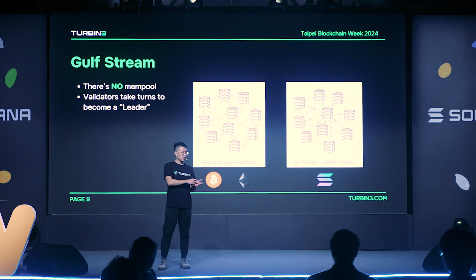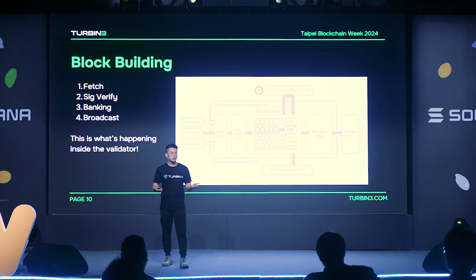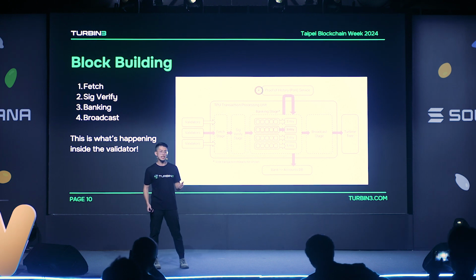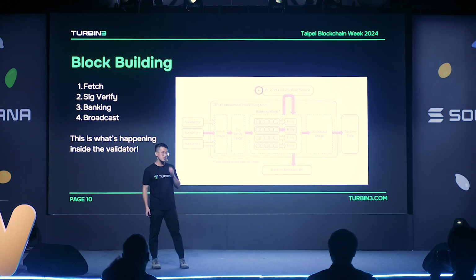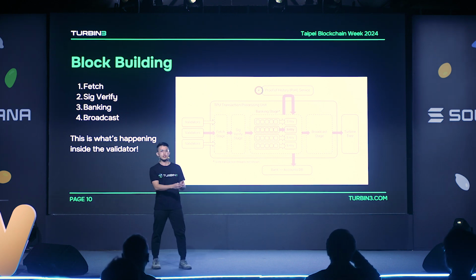Okay, so now we have the transaction being forwarded to the leader. What's next? Of course, we need to build out the block. This is what's happening inside the leader validator. You can see that there are 4 stages. The first is the fetching stage.